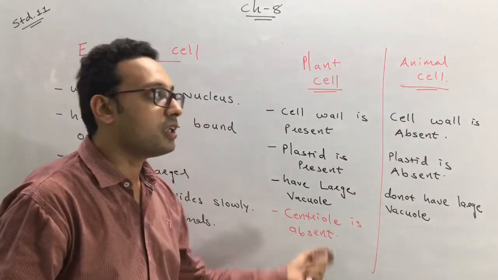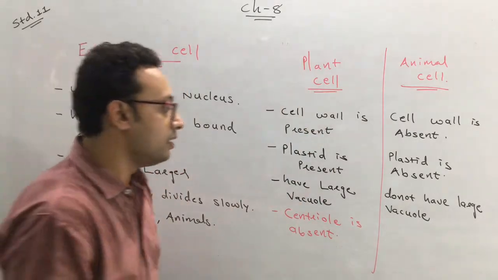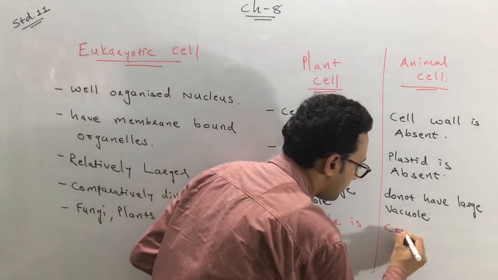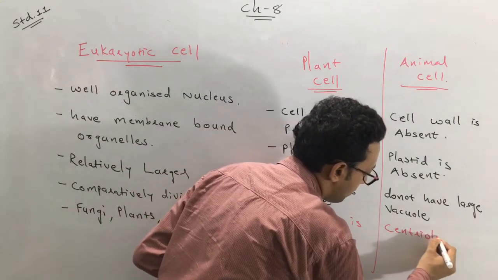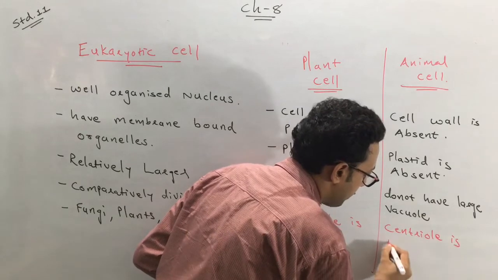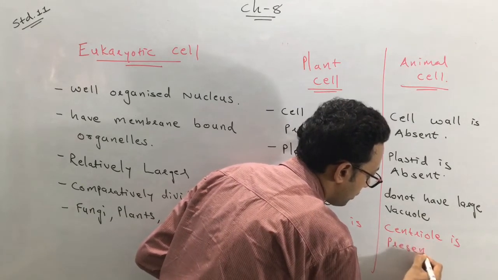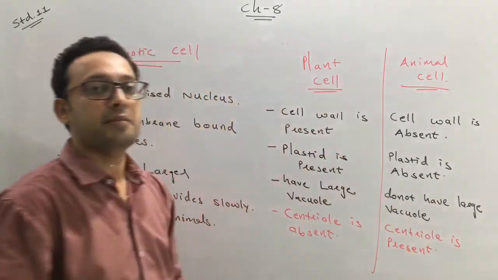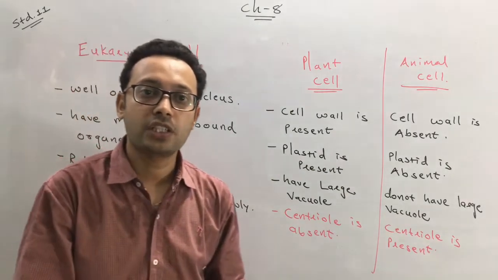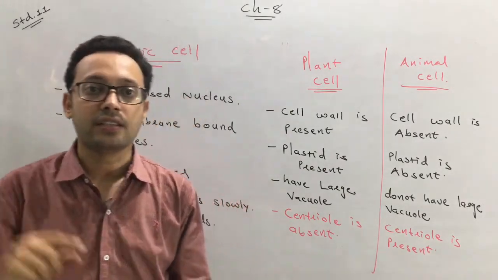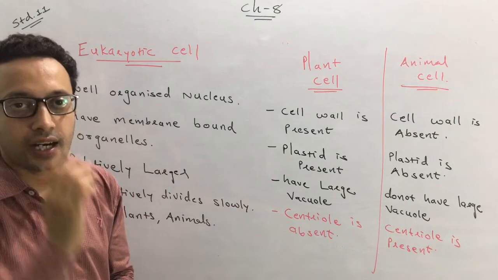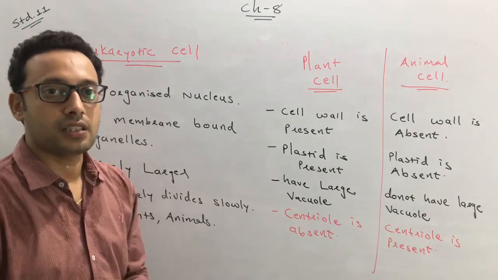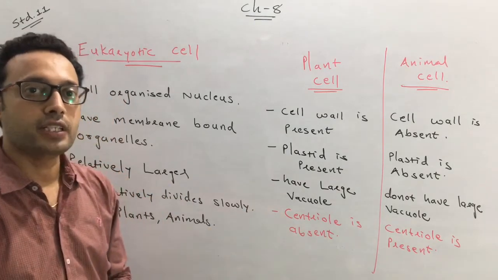But that centriole is absent in plant cell, and you can find this centriole in animal cell. So the centriole can be found in animal cell. Remember, centriole is only found in animal cell. They are absent in plant cell. It has an important role during cell division.